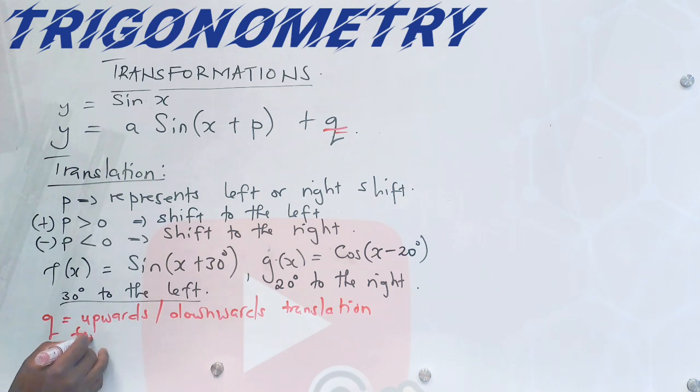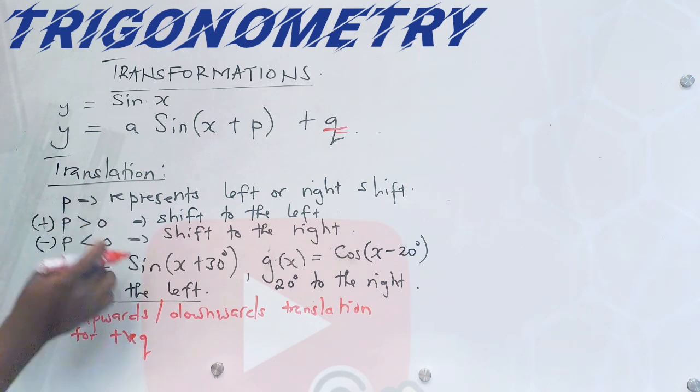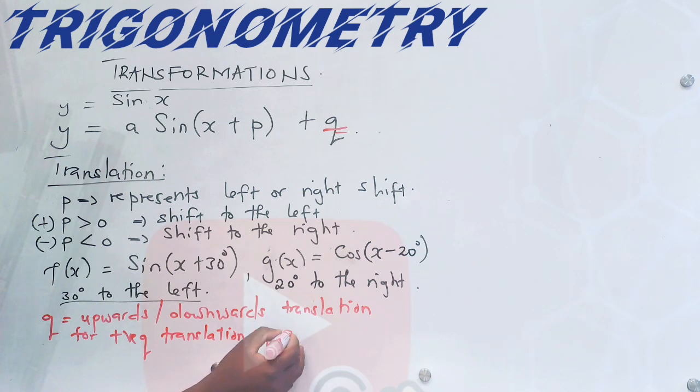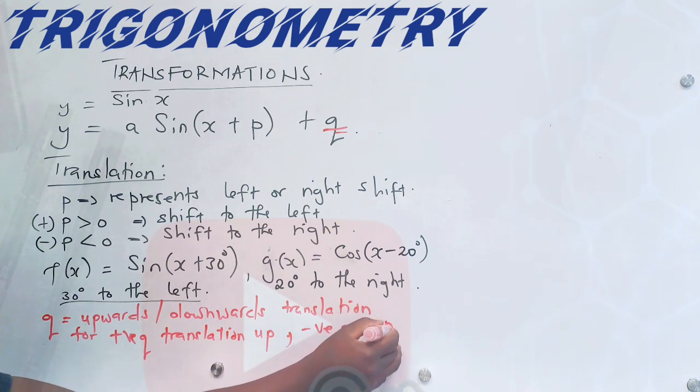So for positive Q, others can say Q greater than 0, it means translation upwards. Then for negative Q, this is translation downwards.